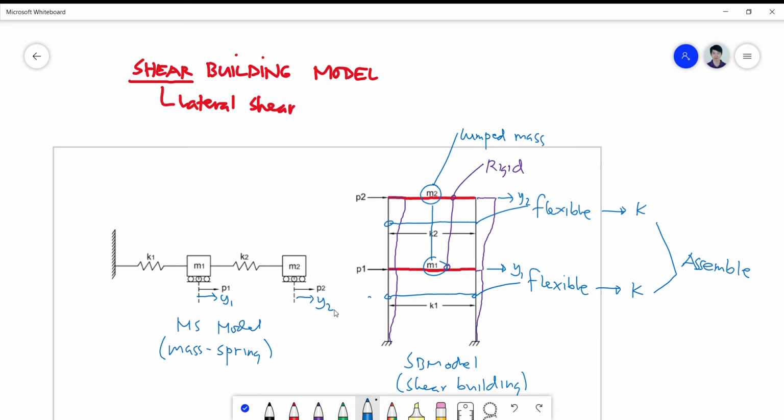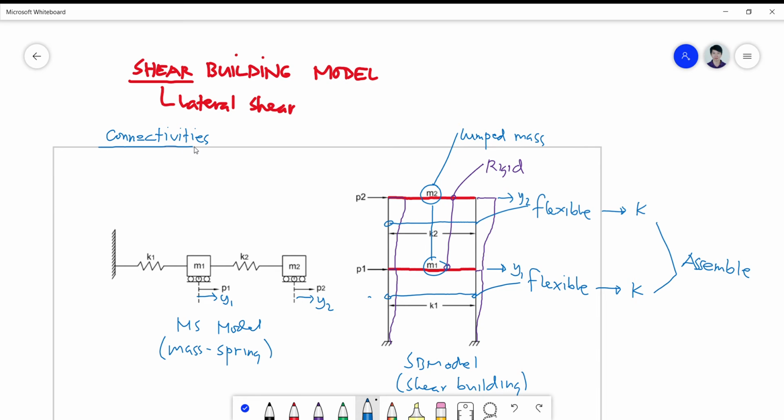Okay, now how do we assemble the matrix without doing the free body diagram? So the technique is what you call connectivity. So let's just look into it because this is very simple. The connectivities are easy to determine.